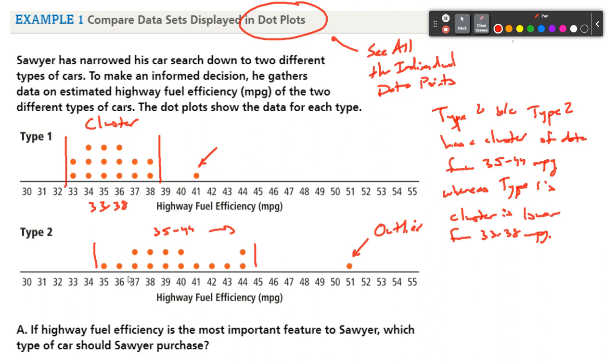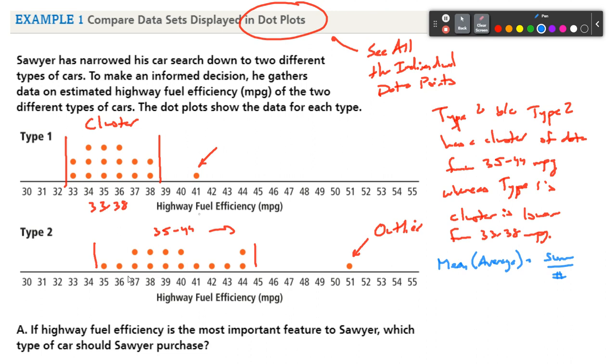Now, let us remind ourselves how you find the mean or an average, right? The mean or the average is going to be the sum of all your data divided by the number of data points, right? So we're going to actually do this. Each of these dots, so there are 2 33s, 3 34s, 3 35s.